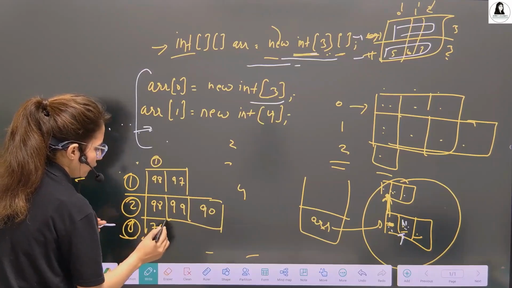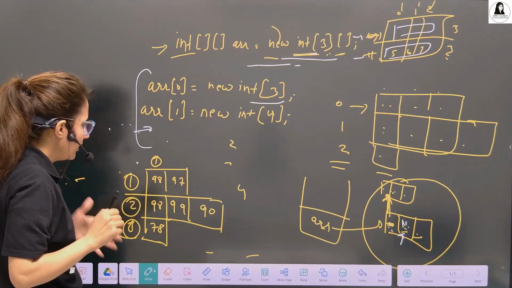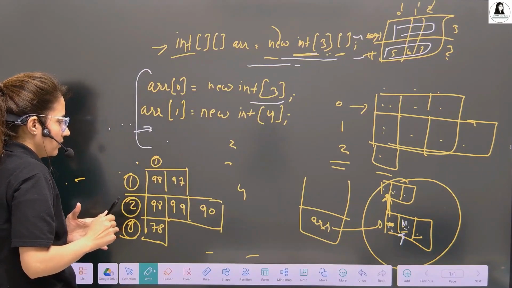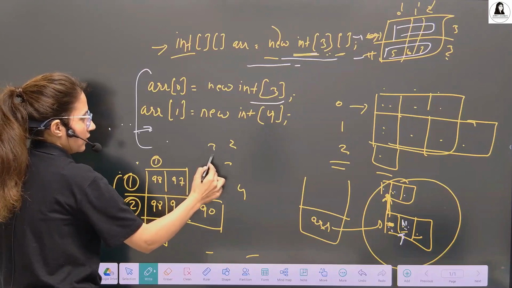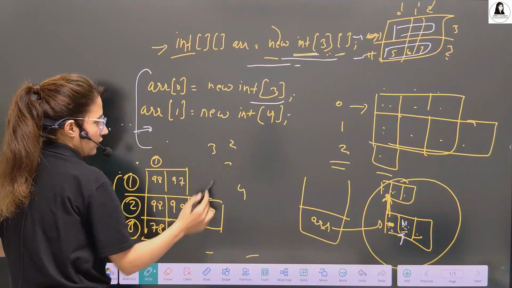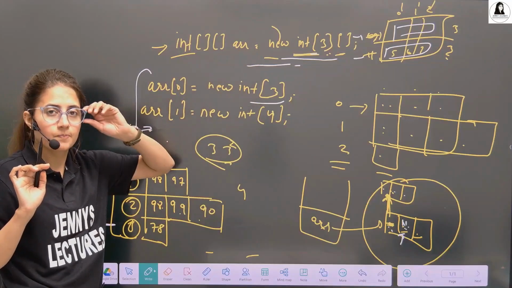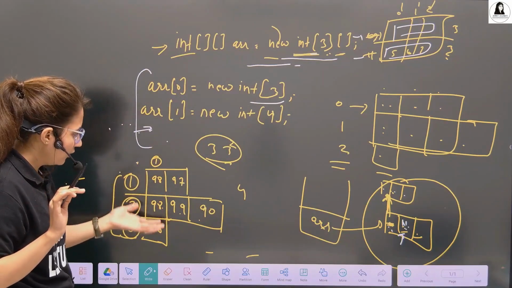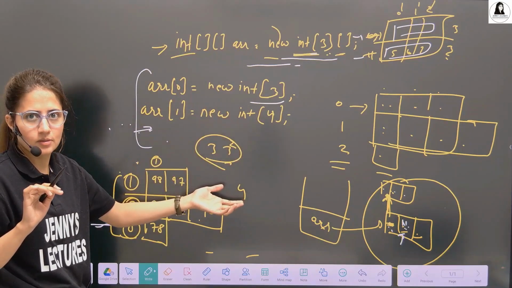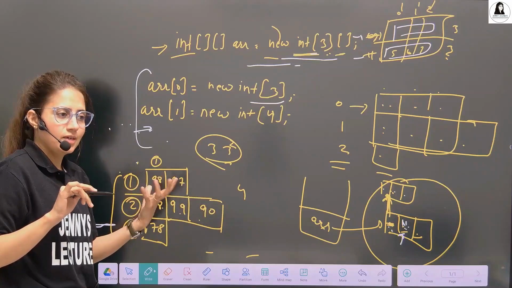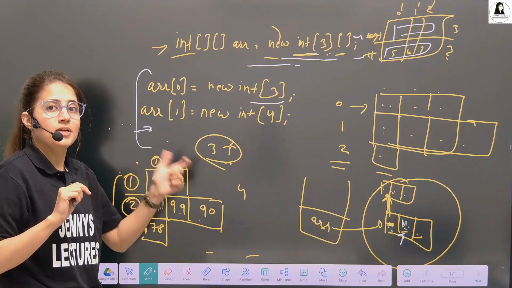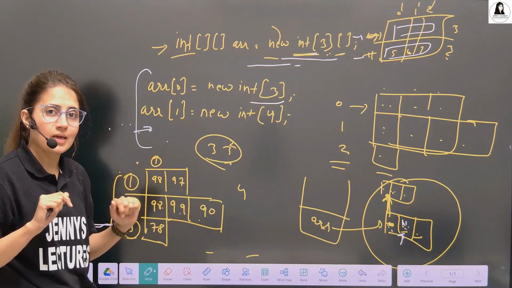If you use the traditional array, then obviously you need to allocate three rows, and the maximum number of subjects is three, so three columns as well for regular arrays. But here I don't need that, that is wastage of space. In this case it will give you memory optimization. You can save the memory using jagged arrays.